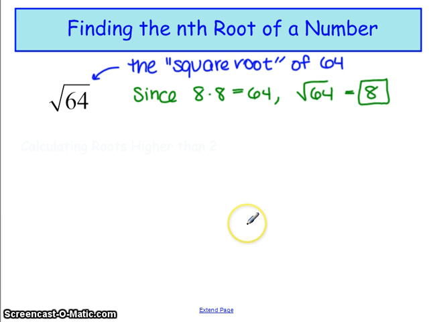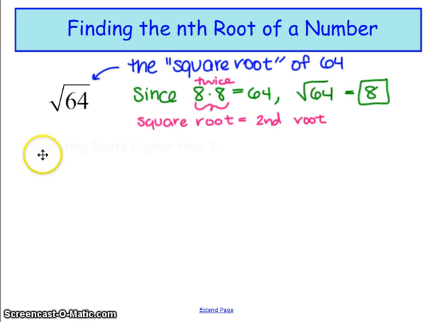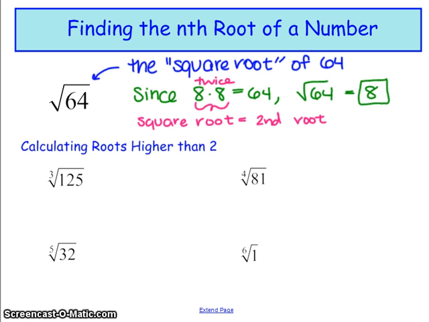Square roots are also called second roots because when you multiply 8 together, you're multiplying it together twice. It's also possible to calculate roots that are higher than 2. In our 4 new examples, you see numbers under radicals, but there's a little number in the bend of the radical: 3, 4, 5, 6.